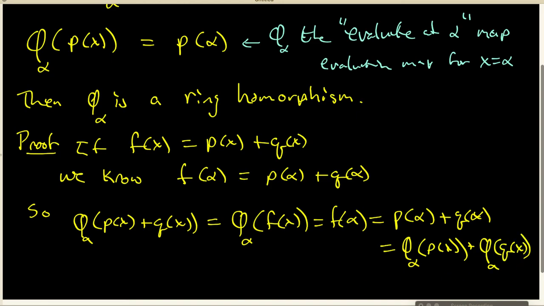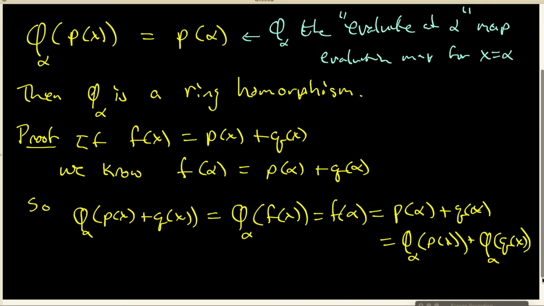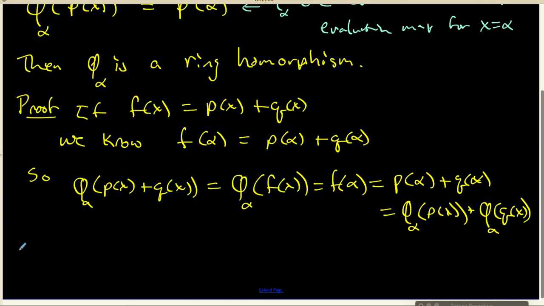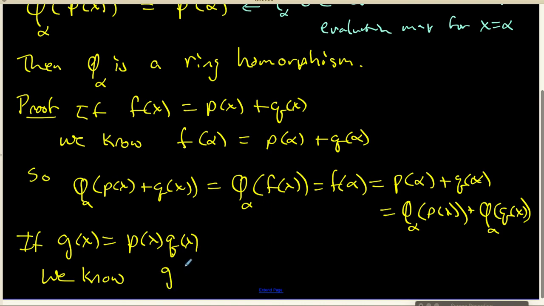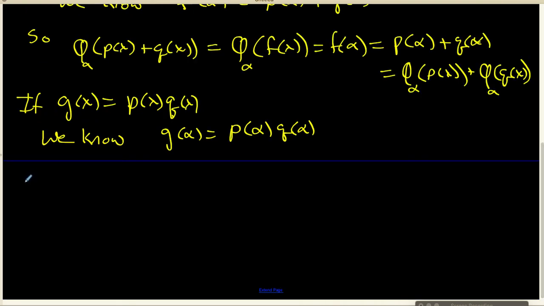And now we simply have to do the same thing for ring multiplication. So again, what I want to remind myself is that if I set g of x equal to p of x times q of x, then we already know, because we've already looked at it, that g of alpha is equal to p of alpha times q of alpha. And we can use this fact to then say the following.